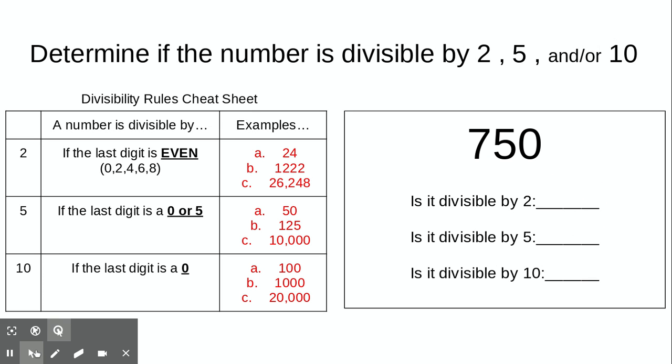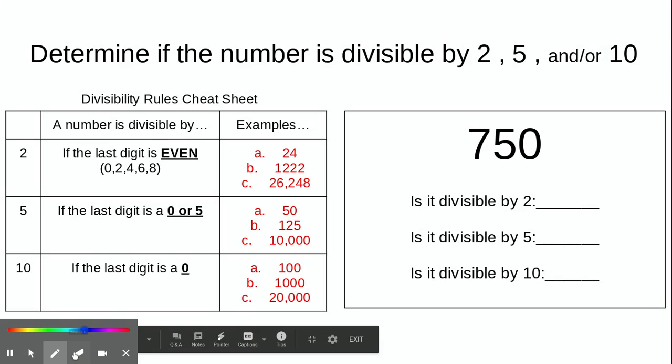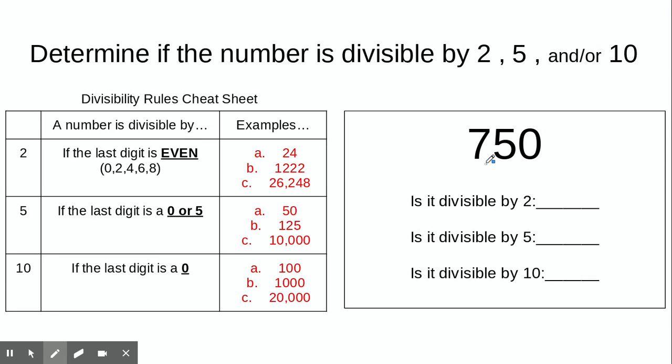One more problem here. We're going to determine if 750 is divisible by 2, 5, and/or 10. So we'll be looking at this last digit. Is 750 divisible by 2? Well, is the last digit an even number?